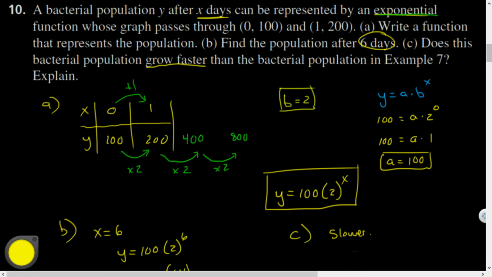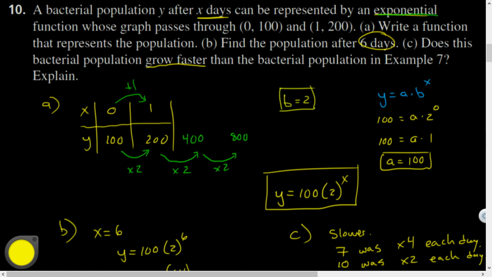Slower because 7 was quadrupling every day, times 4 each day, and 10 was only doubling each day. And on our graph, we don't actually see that outcome. We don't see that example 7's bacterial population will end up overtaking it.